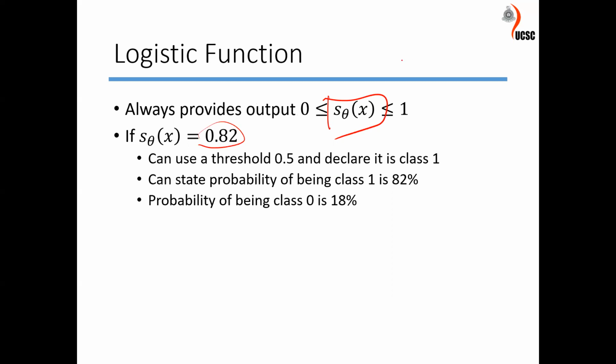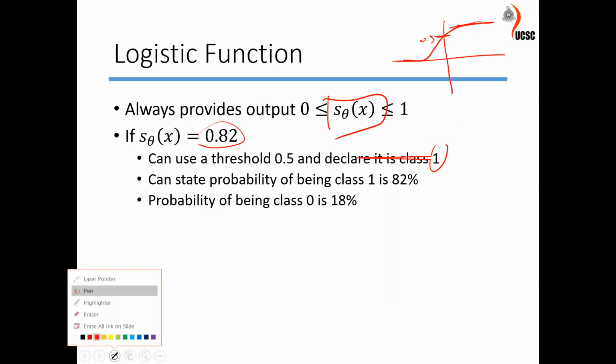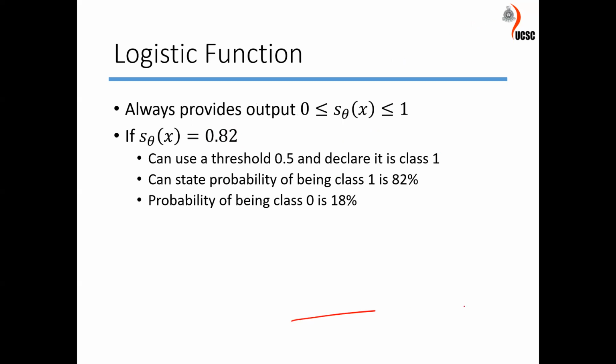So you know the sigmoid function. This will go like this now. Suppose this is 0.5. If something is within 0.5 and 1, we can put it in class 1.